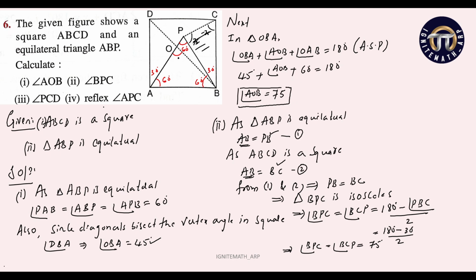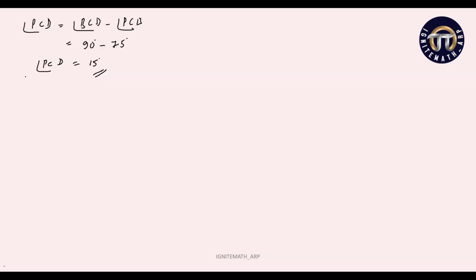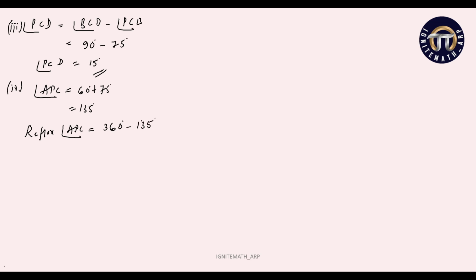Next question is reflex APC. So APC is how much? APC is equal to 60 plus 75. Okay, so this is our fourth question. Angle APC is equal to 60 plus 75, that is 135 degrees. If I am finding out the reflex of angle APC, that is 360 degrees minus 135 degrees.